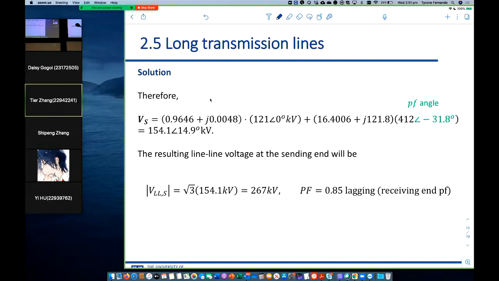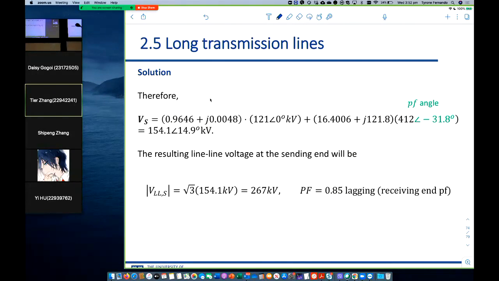I'm not going to even do the calculation, just be convinced you can find those values, it's just a matrix multiplication. If you do the matrix multiplication, you're going to get this value here for the sending end voltage: 144.1, phase angle 14.9 degrees.